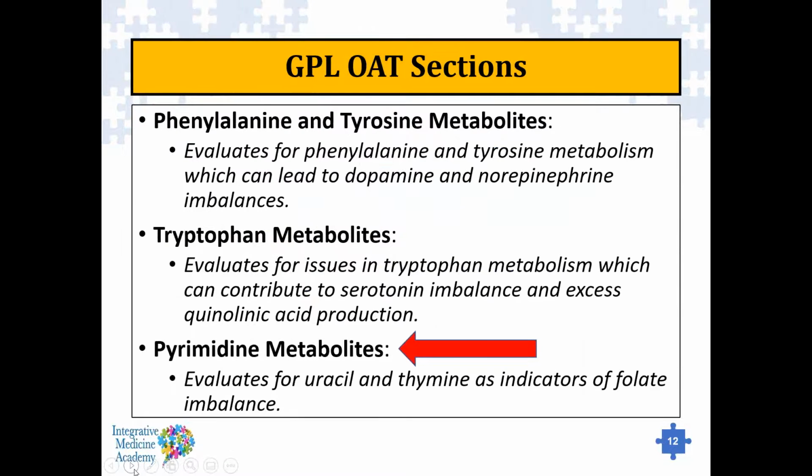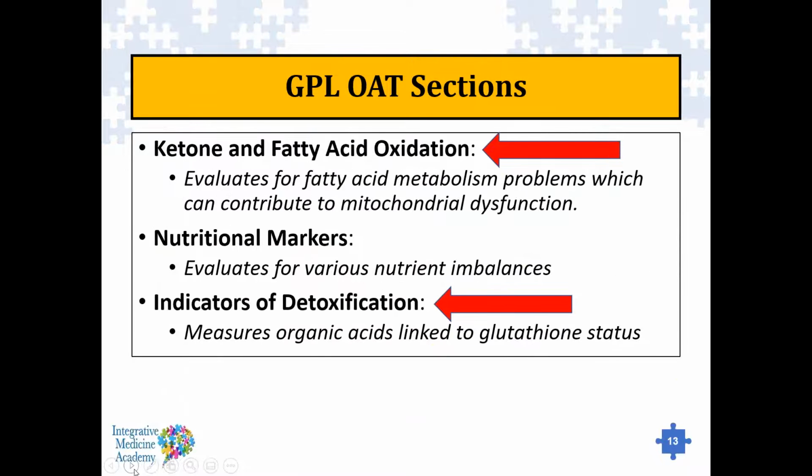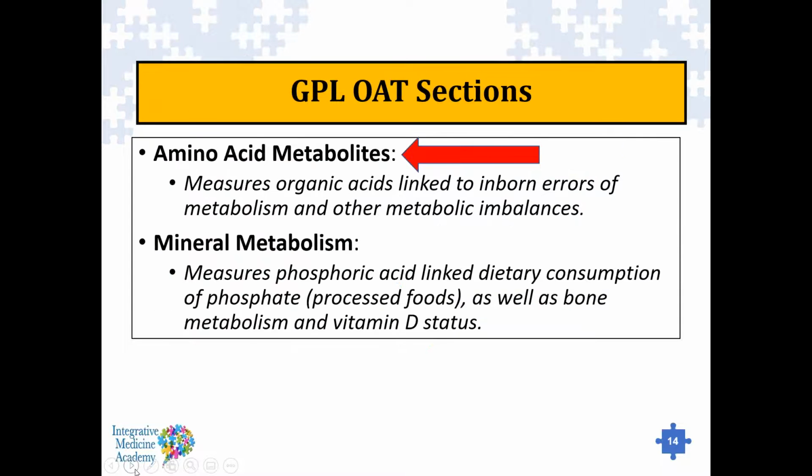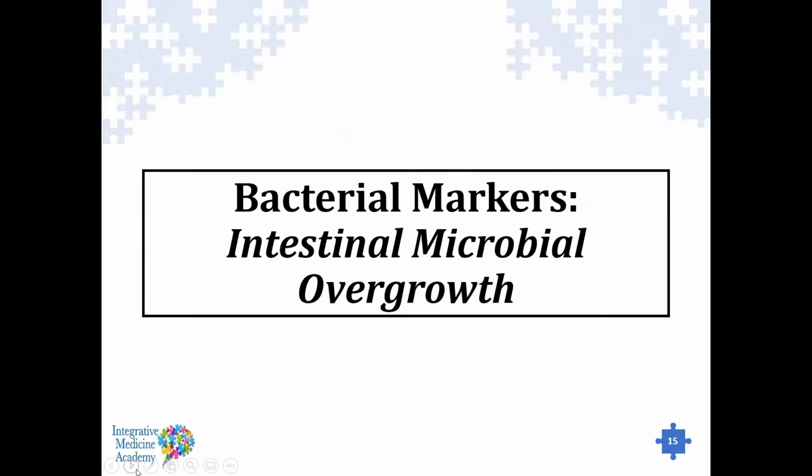We'll talk a little bit about things linked to the pyrimidine metabolites and where folate might fit into certain scenarios. What's the link between the fatty acid oxidation section and the mitochondrial section? And even some additional things with regards to a marker in the indicators of detoxification section. Okay, and then as well as the amino acid metabolites.